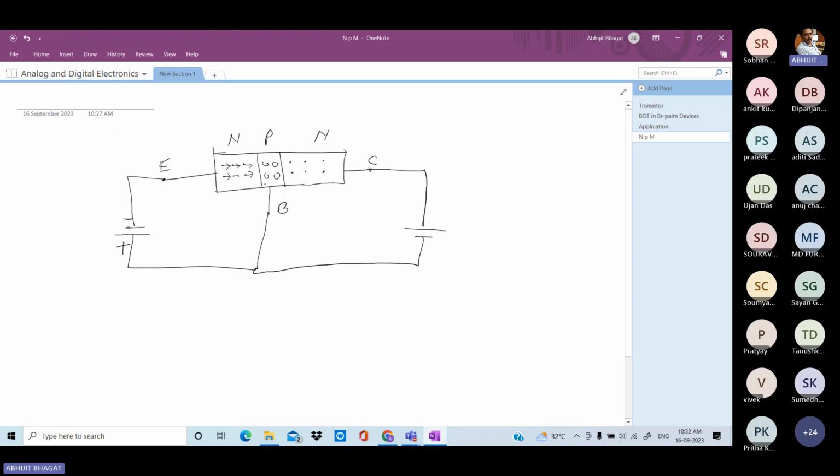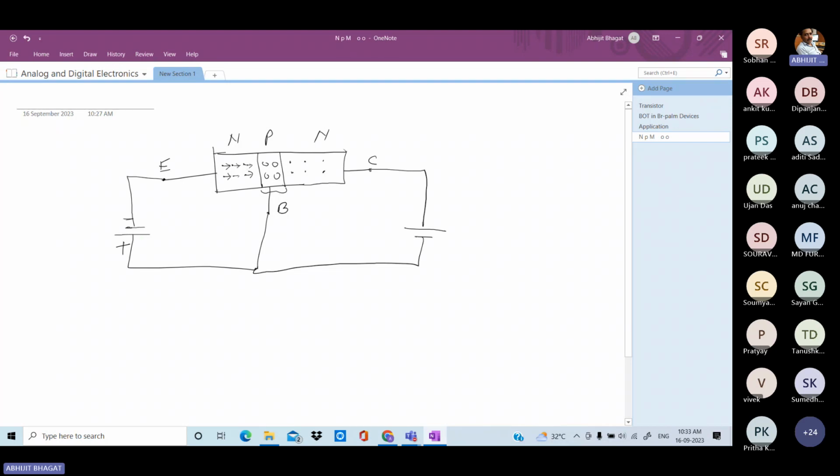Now this base region has very low width. When you supply this forward bias, this electron has a tendency to move in this side. Here the width of the base is very small.